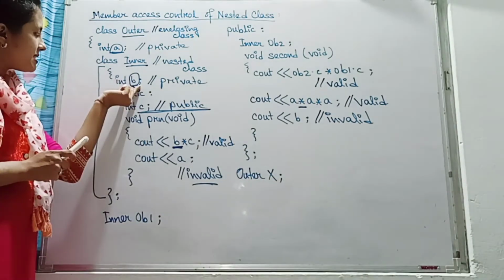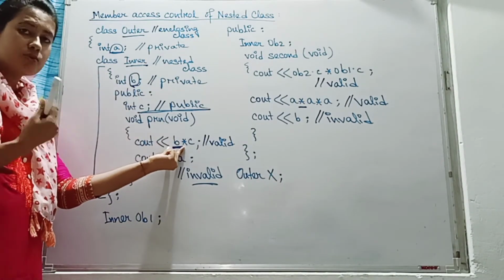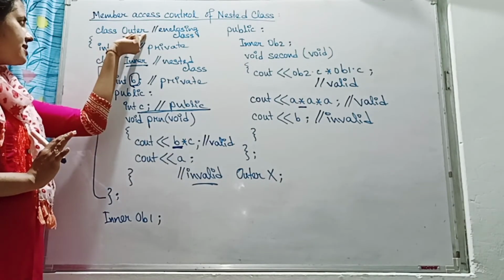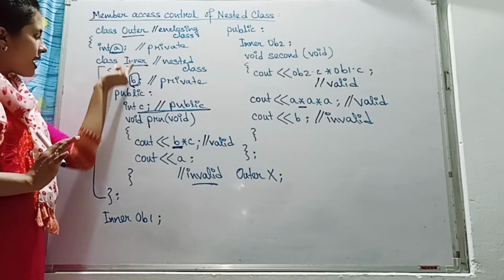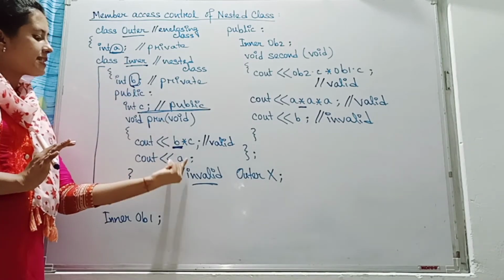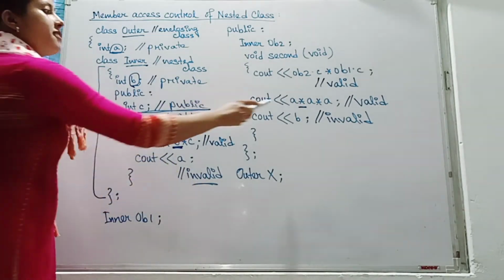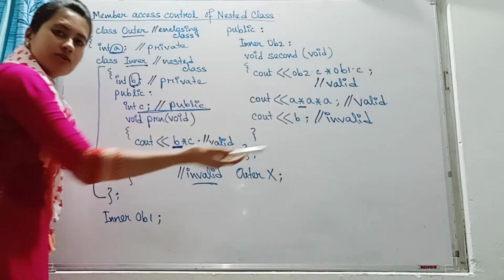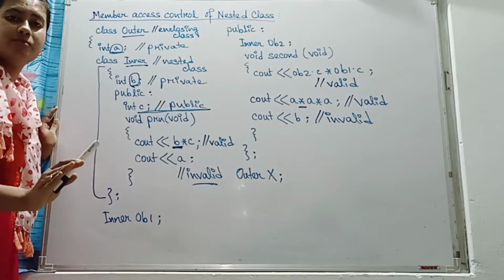B is defined in the inner class, so B is used in the inner class, no problem. But A is defined in the outer class, so when A was used in the inner class, it created a problem. But when A was used in the outer class, it did not create any problem.